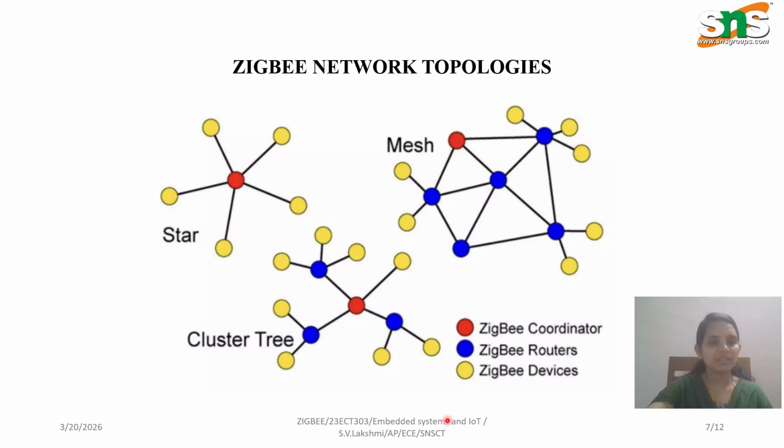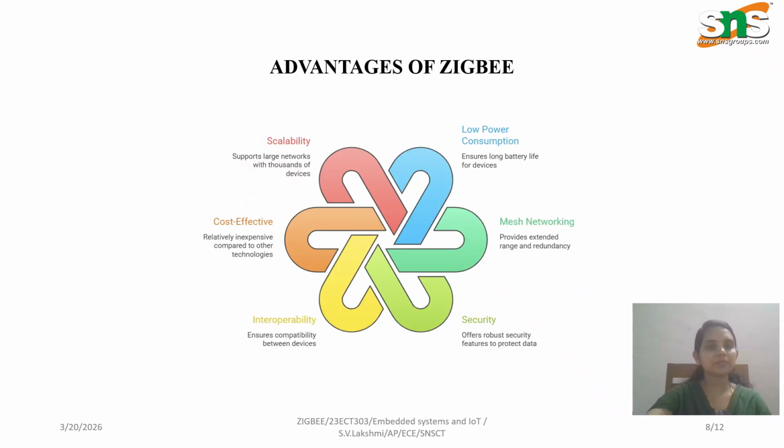As already discussed, these are the ZigBee network topologies: star topology, tree topology, and mesh topology. In star topology there is only one central coordinator, in tree topology it follows a hierarchical structure, and the mesh topology is most flexible and reliable.